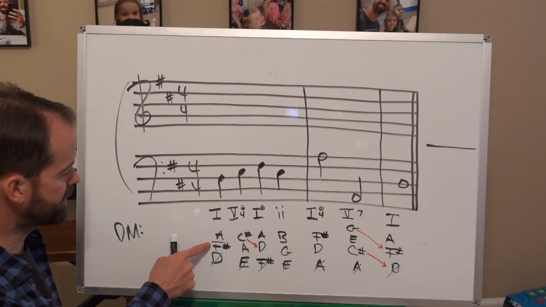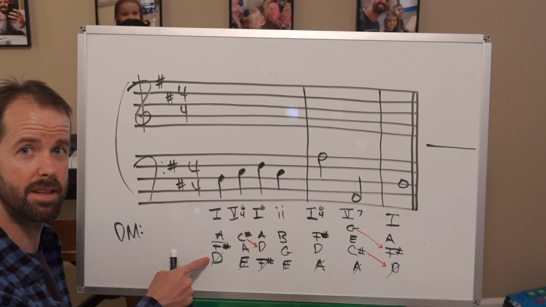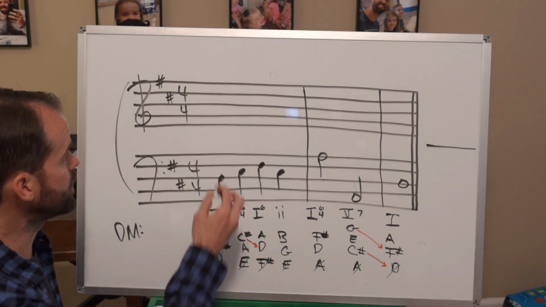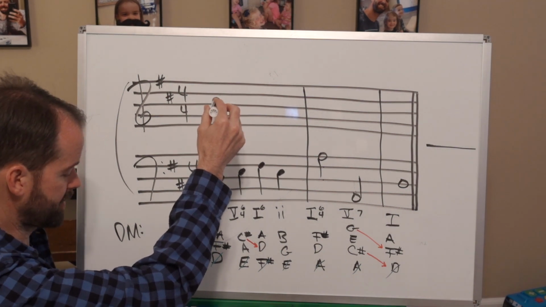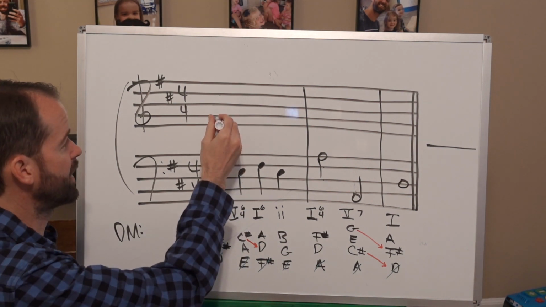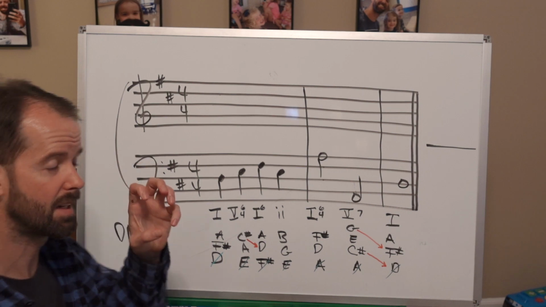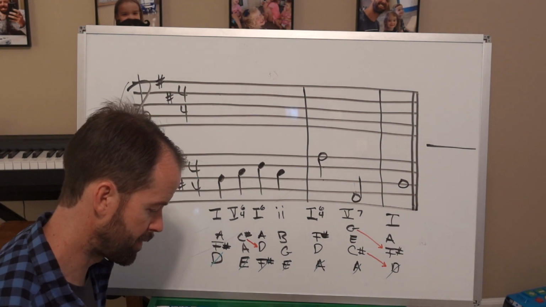So your notes to choose from, of course, are D, F sharp, and A. You've already got a D in this chord, but that's the root, and that's a good note to double. So you could write this D. You could probably also start on like this A right here. I would not start on the F sharp. That's just a little low for the soprano, and you would be condensing and squeezing your alto and tenor voices.